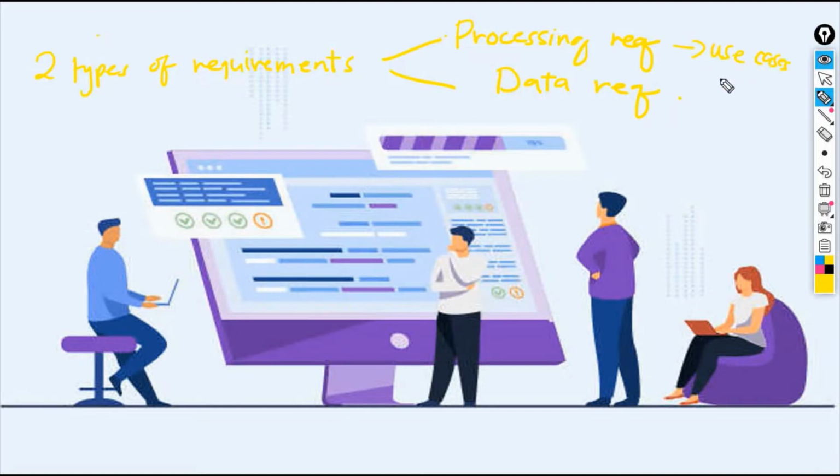So use case modeling is a powerful technique to assist system analysts to identify, understand, communicate, and document the processing requirements of the new system.